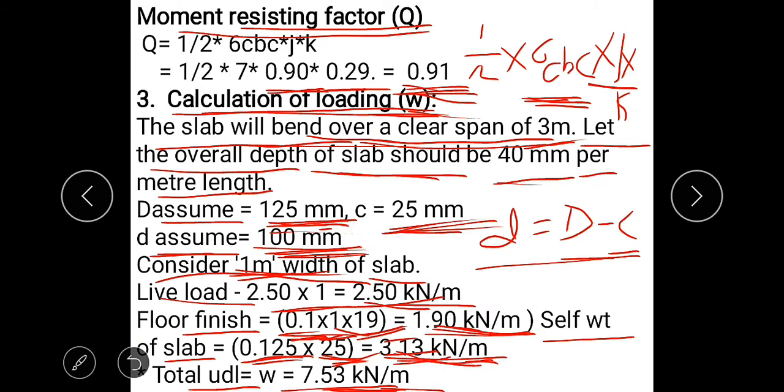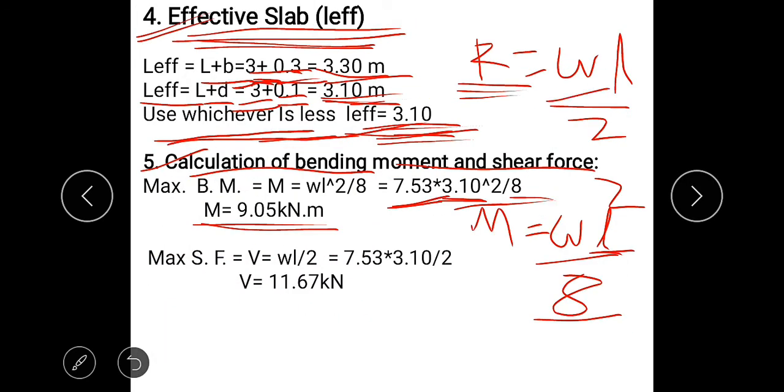W, from the third step, is 7.53 kilonewton per meter, and the length from the fourth step is 3.10, divided by 2. So the shear force is 11.67 kilonewton. In fifth step we find bending moment and shear force.